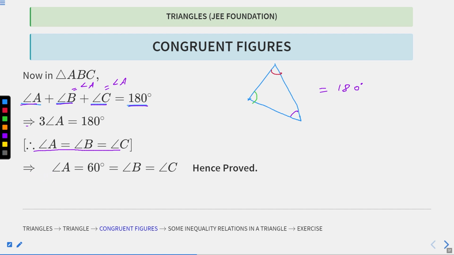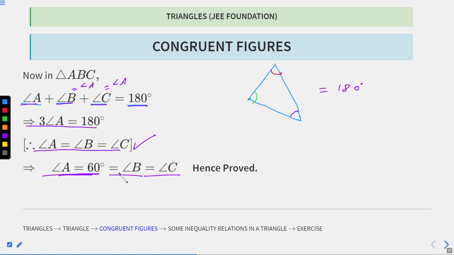From this I can rewrite it as angle A is equal to 60 degrees, and because angle A is 60 degrees, then using this again, angle B and angle C are also 60 degrees. I hope this is clear to you.